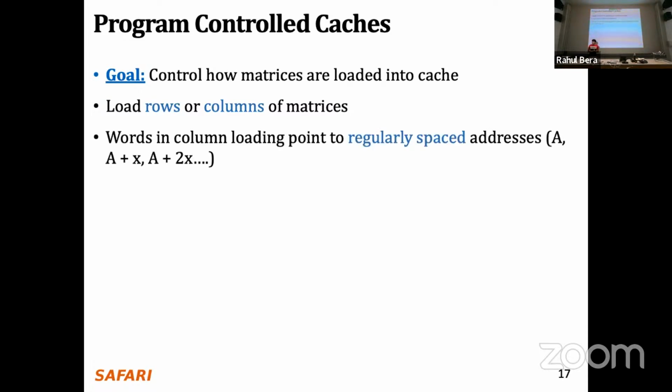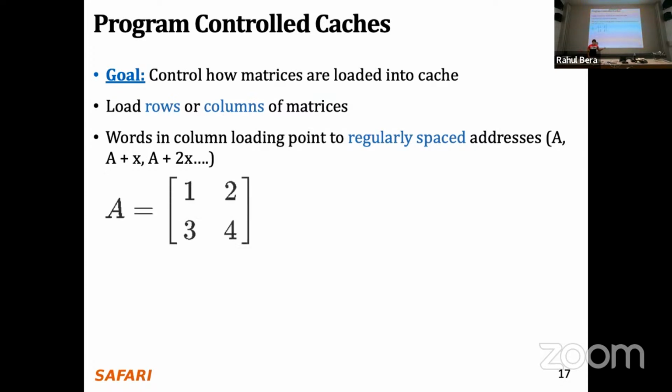A key change that this requires is that since at the beginning, we talked about how a sector in cache stores contiguous data location, it only stores the starting address, and then it stores the entire 1024-byte sector into cache. However, now we need to change the way these words are being addressed to the physical memory, in a sense that these words can now point to regularly spaced addresses instead of continuous addresses.